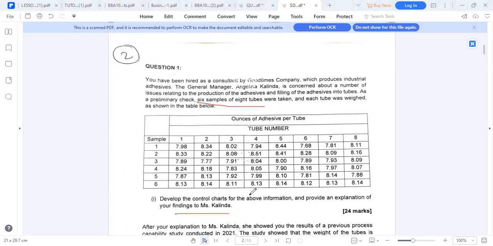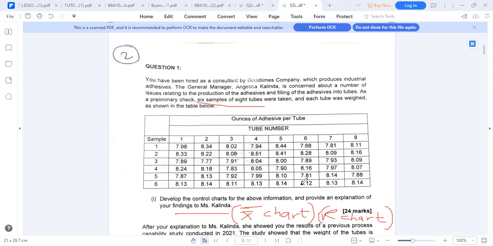When the standard deviation is not known but the mean can be found, we can use these control charts. There are 2 of them to develop. We can use an X bar chart, and we can also use our R chart, because we can find the range for these samples.